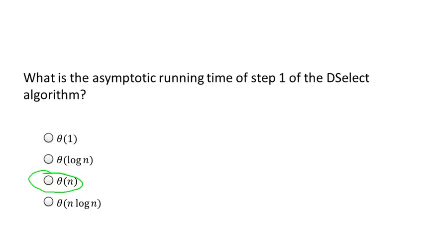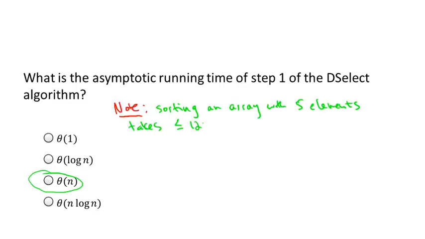Let me be a little more precise about it. The claim is that sorting an array with 5 elements takes only some constant number of operations, let's say 120. Where did this number 120 come from? Well, for example, suppose we use merge sort. If you go back to those very early lectures, we actually counted up the number of operations that merge sort needs to sort an array of length m for some generic m.